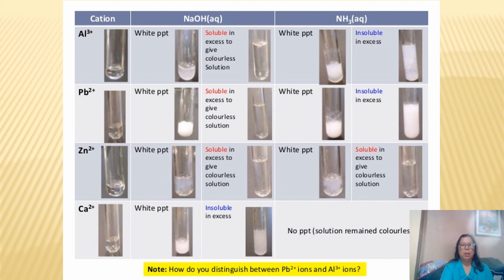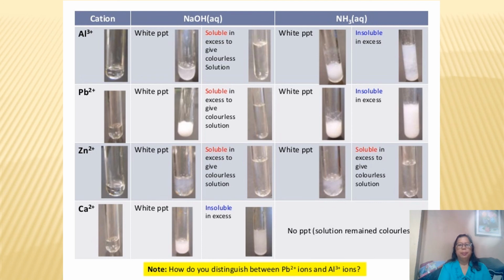White precipitate for sodium hydroxide, white precipitate again for sodium hydroxide, a gelatinous white precipitate that is nearly colorless in nature, but you could see the difference from the original sample of the zinc. And then calcium will also yield a white precipitate with sodium hydroxide.